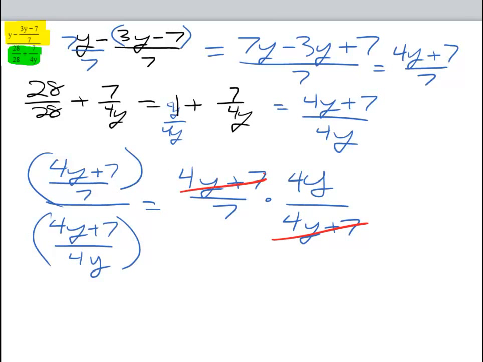These are the same, right? So we can cancel those because these are being multiplied, right? So this is one factor times 7, and another factor times 4y. Cancel those, and your final answer is just 4y over 7.